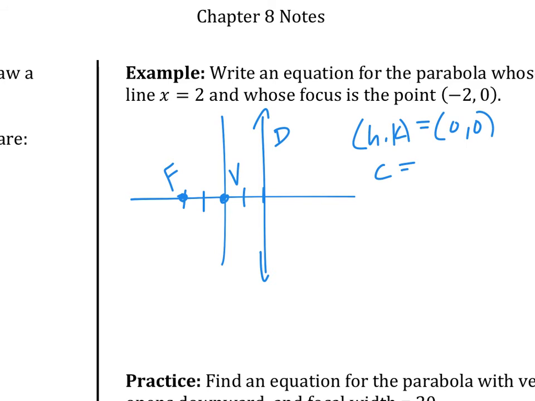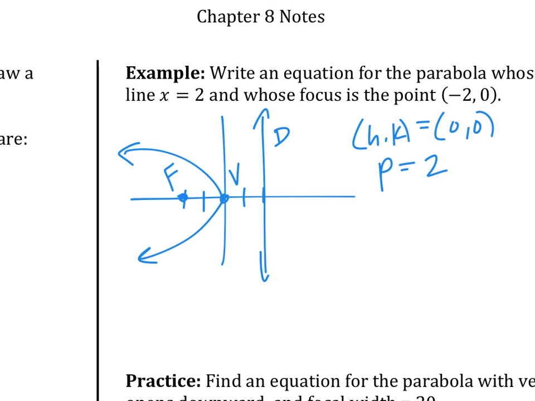And then p. What's p? 2. So we always just want to keep it positive. Okay, so don't think too much. Which direction is the parabola going to point? Yeah, to the left. All right, so if it's to the left, we're going to write vertex form first, and then we'll write it in standard form.